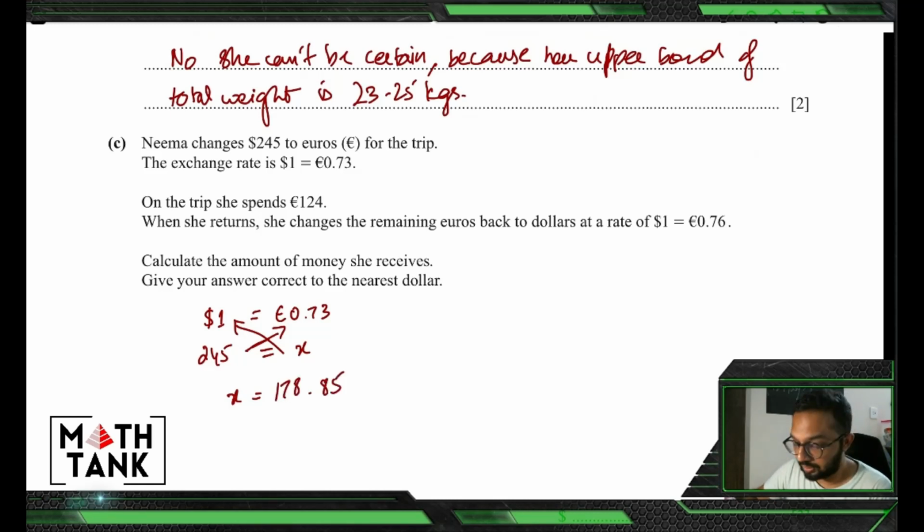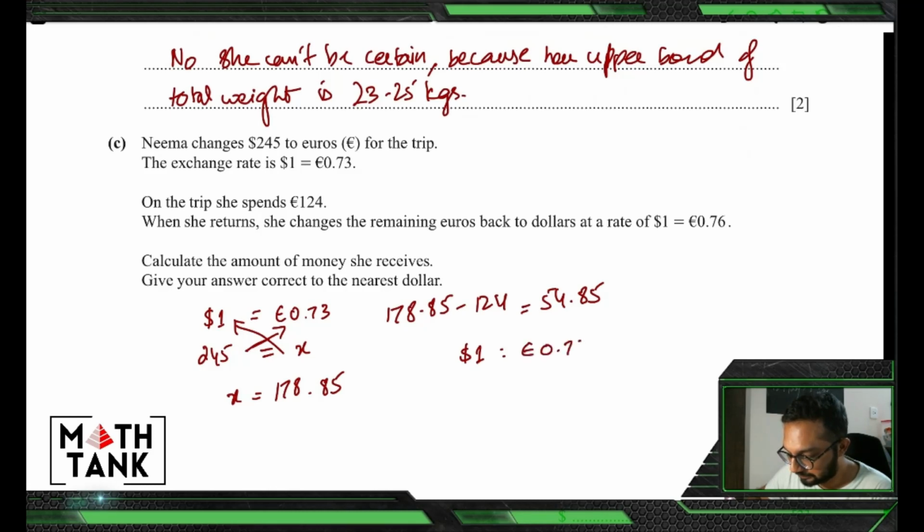She had this many euros. She spent 124, so she got rid of 124. What is left? That's 54.85. Now she wants to change it back. Okay, so 54.85, sorry, where did I get 76 from?